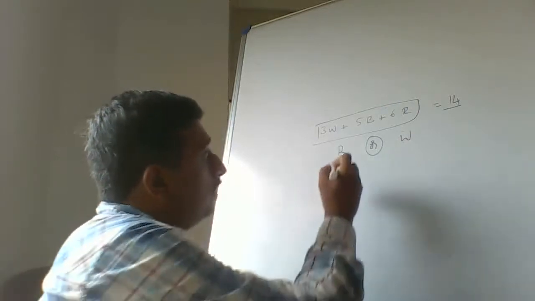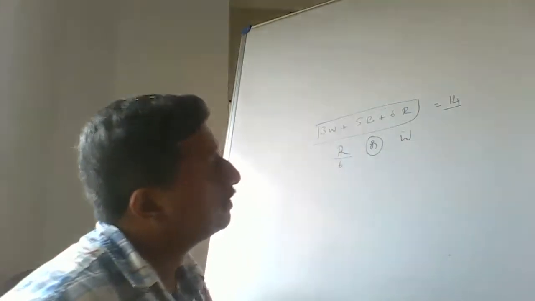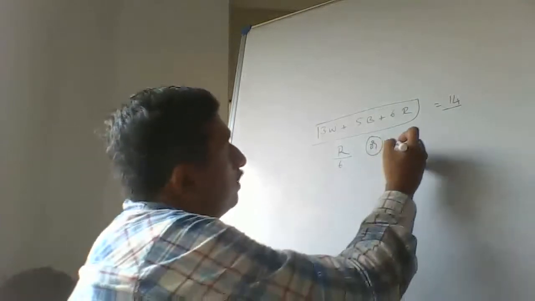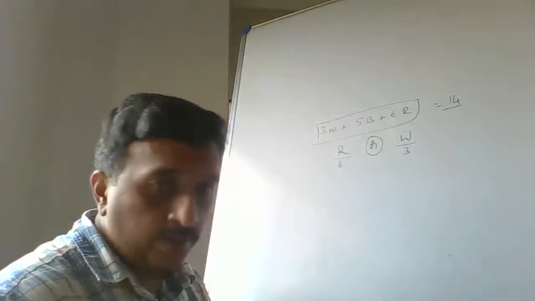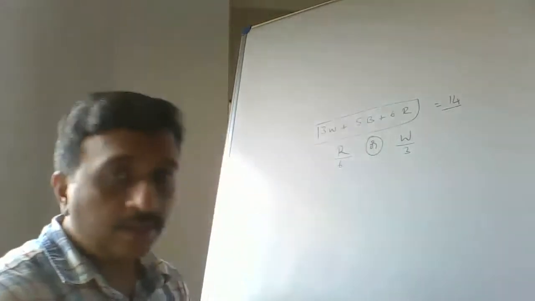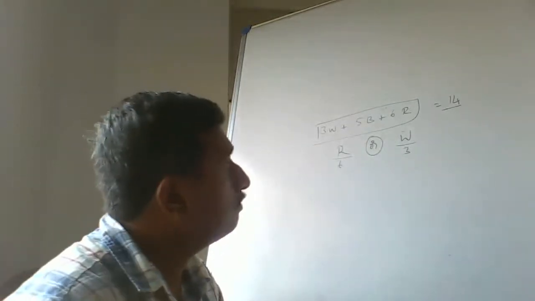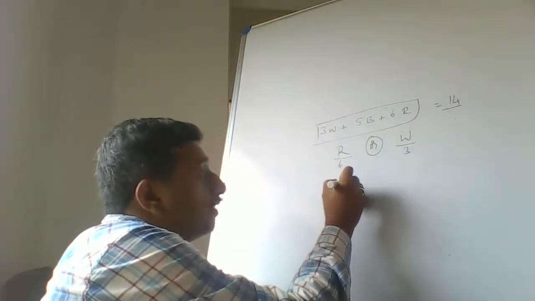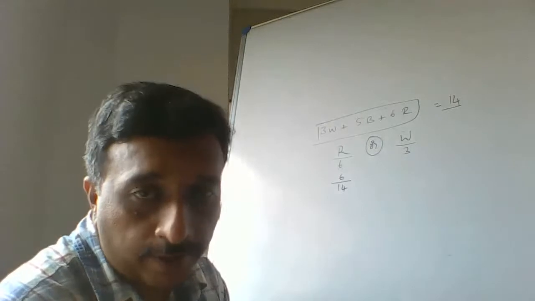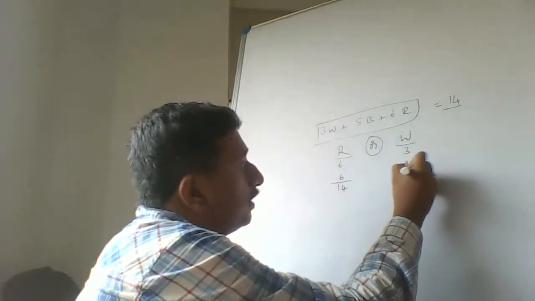Now red, we have a total of 6, and white, we have 3. That's the data we have. Individually you can write 6 divided by 14, and 3 divided by 14.